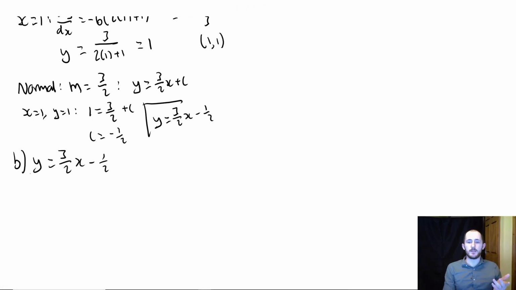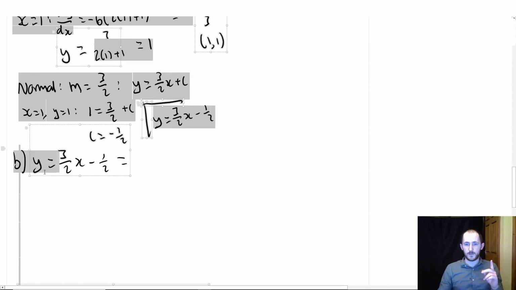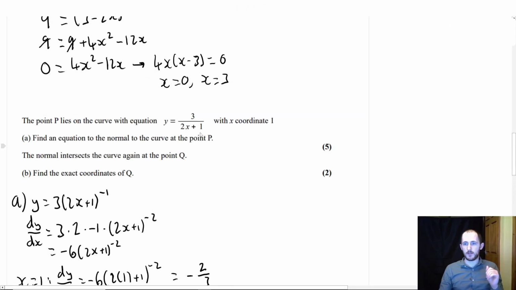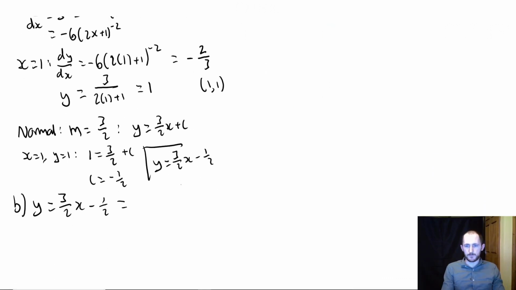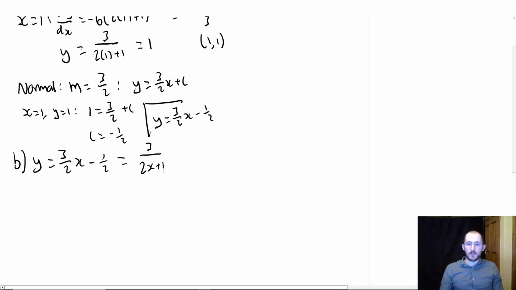Keep in mind that we should actually get a quadratic, because it happens twice, so we should get something that has 2 solutions. That's 3 over 2 x minus a half equals 3 over (2x plus 1). We could multiply it through by 2, just to make the algebra a little bit easier on my weak and weary bones.